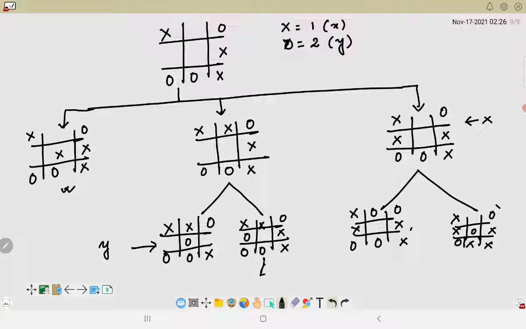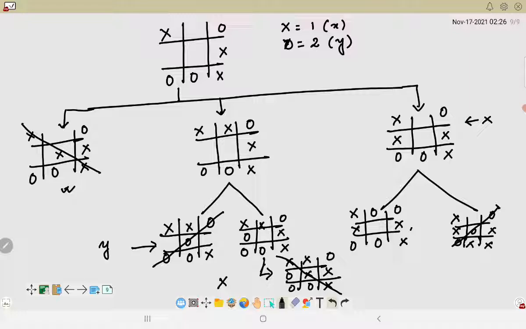Finally, out of this, this already has a winning move, here we have got a winning move, and again at this particular point we have got a winning move. Now we will go ahead with the next one, which is x's move. So x will play now, so I have to place x in such a way that it wins, and I have an option where I can place x directly in the middle one, so it is winning.